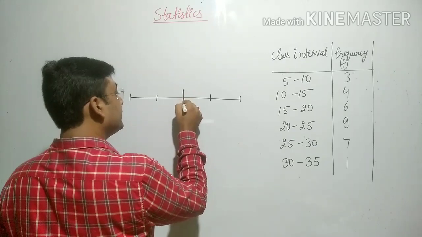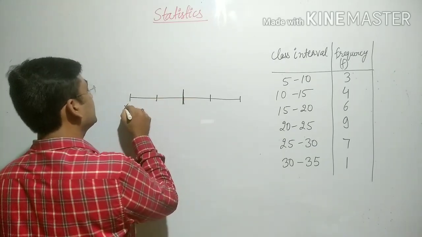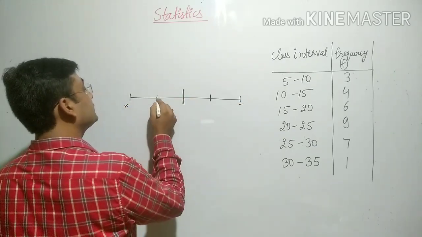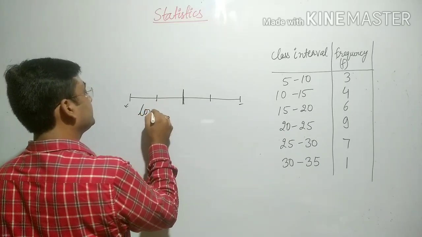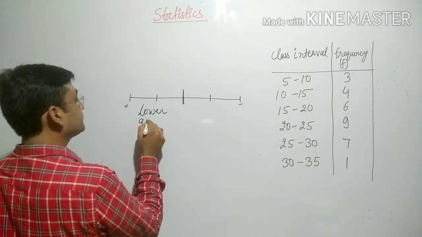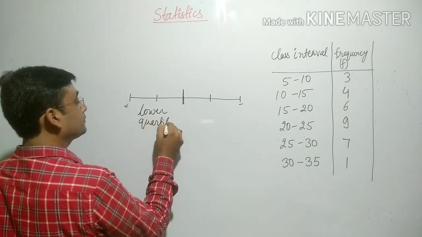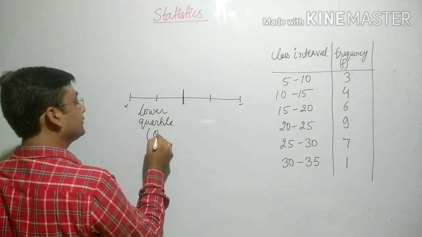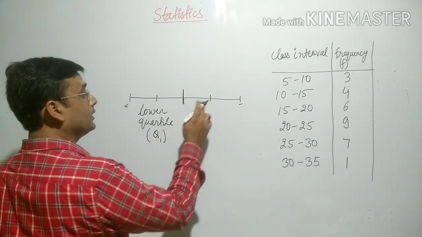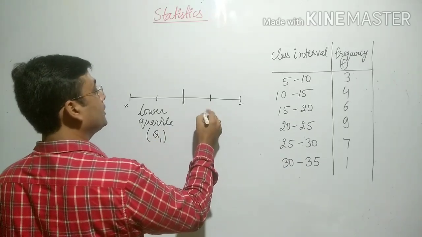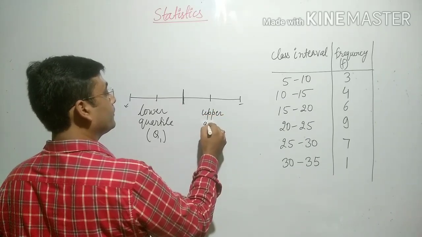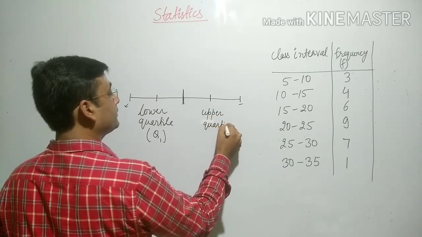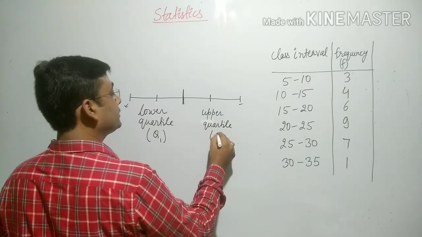So this is the initial point, this is the last point. This point will be called the lower quartile, and we will denote it with Q1. This point will be called the upper quartile, and we will denote it with Q3.